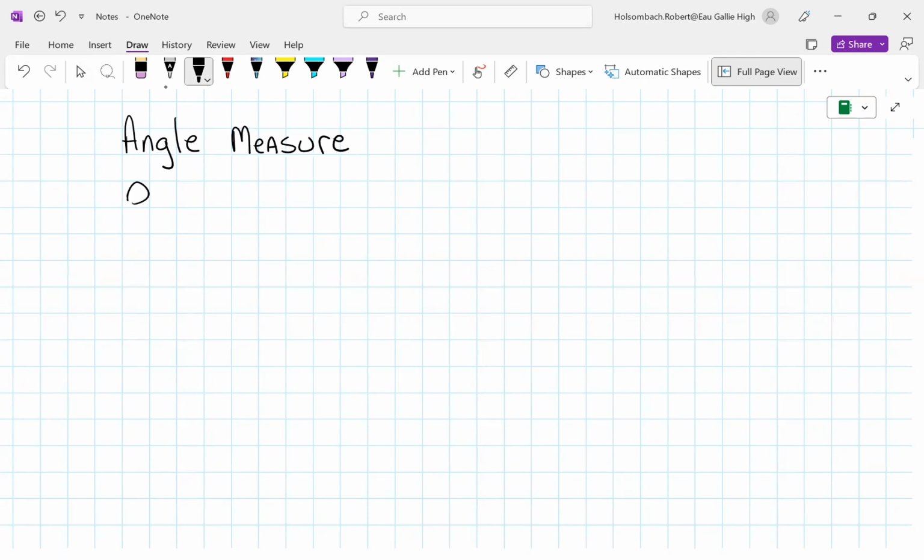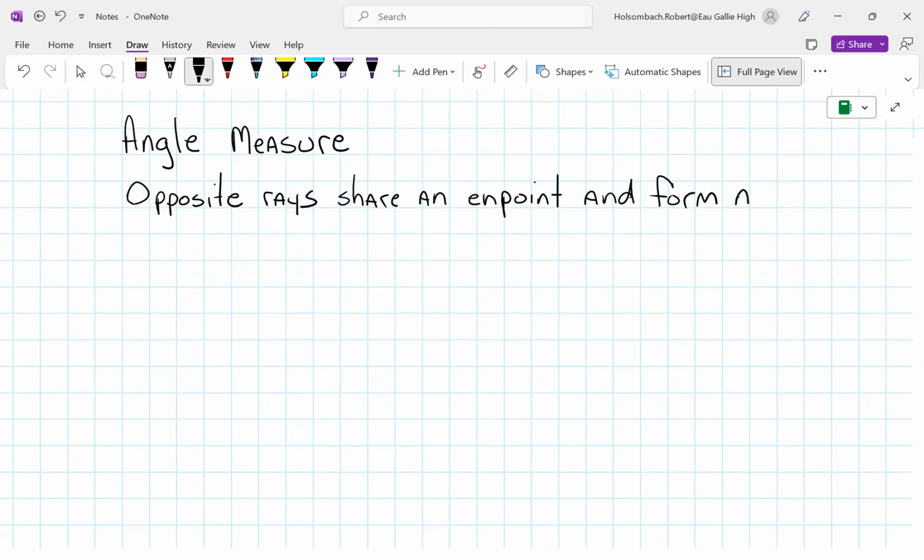So the term opposite rays: they share an endpoint and form a line. And here's what we mean by that.